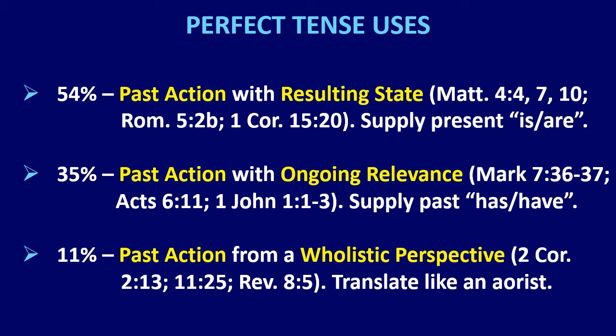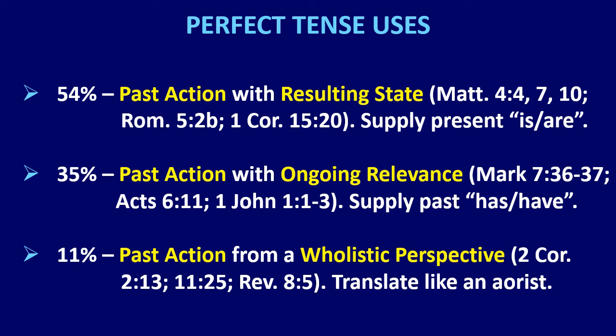What was happening in the Koine period of the 1st century was that the perfect tense form was already declining in usage, and it was beginning to merge in meaning with the aorist in some instances. And this was true in the New Testament as well as outside the New Testament. And in just a few more hundred years after the 1st century, by the time you get to what's called the Byzantine period, the perfect tense form drops out altogether from the Greek language.